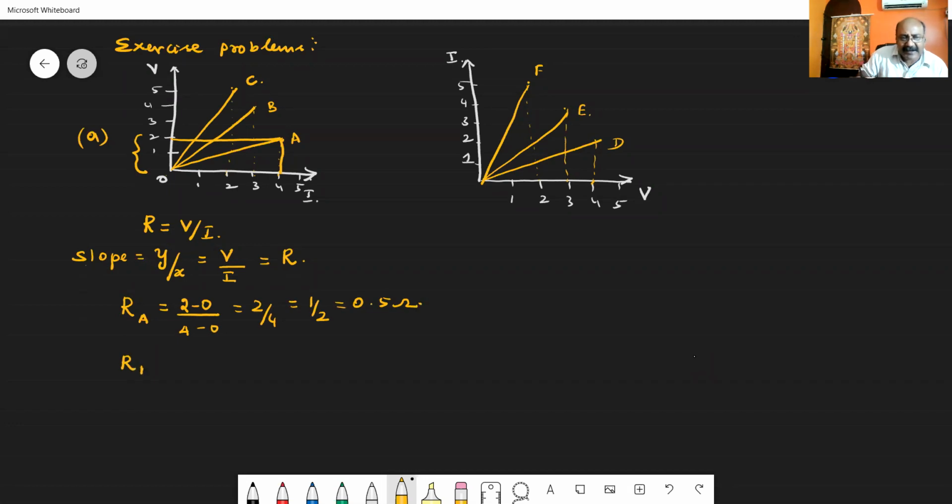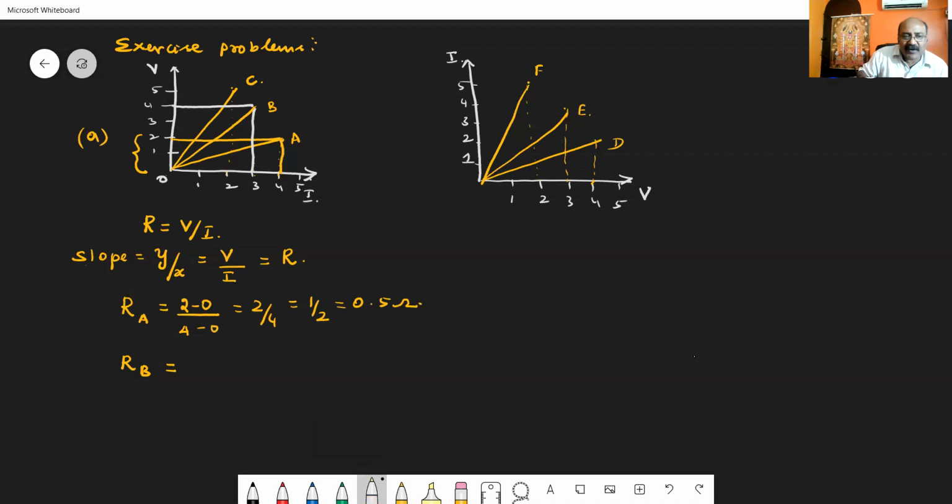Similarly, I am calculating the resistance for B. For B, I drop a perpendicular from B to the x-axis, and it meets at the point 3. If I drop a perpendicular to the y-axis from B, it meets at 4.